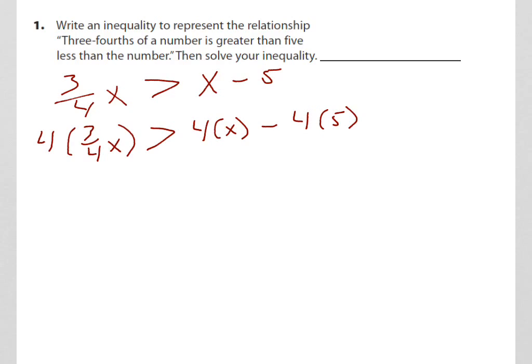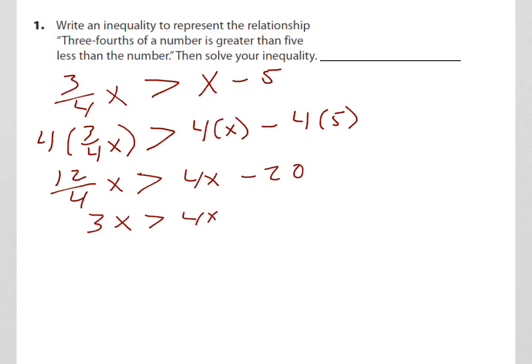Okay, so I can do 4 times 3, which is 12 over 4x, and I'm just doing this so you can see that we could cross divide, and that is greater than 4x minus 20, and 4 goes into 12 3 times, so now we'll reduce this, getting rid of the fraction, to 3x is greater than 4x minus 20.